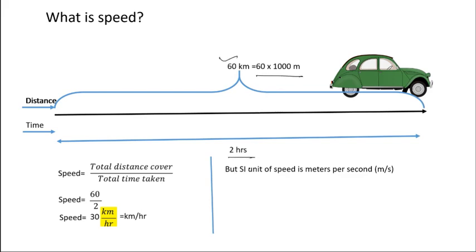In the same way, first you have to convert 2 hours into minutes, and every minute you have to convert into seconds, and therefore you have to multiply 2 hours by 60 into 60, and then we get it converted into seconds. So therefore speed is equal to 60, into, and what is that 60? 60 is this, 60 into 1000. Why 1000? Because we have converted that into meters.